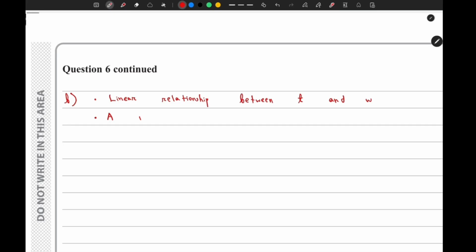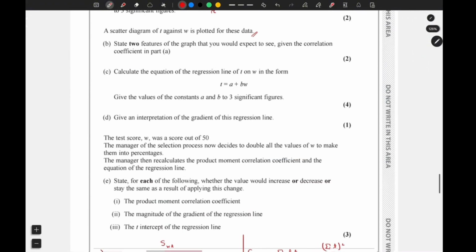So it will be a negative gradient. That is it for this part.